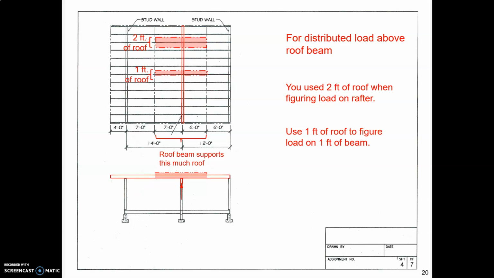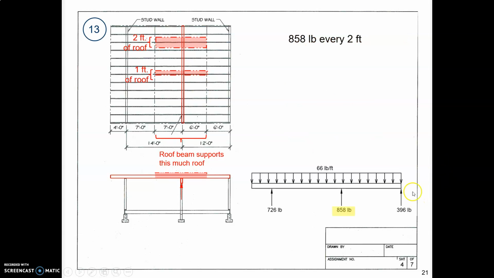So back when you were figuring out that free body diagram for that rafter, you used a 2-foot tributary width. But now we're looking for how much per foot on the roof beam, so now we're going to use a 1-foot tributary width. Here is the free body diagram of the rafter.